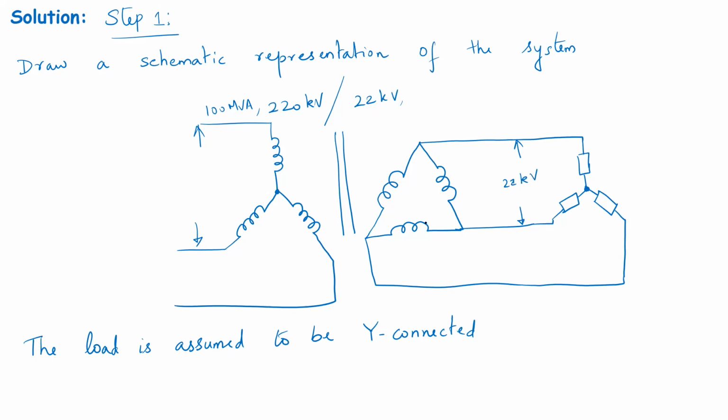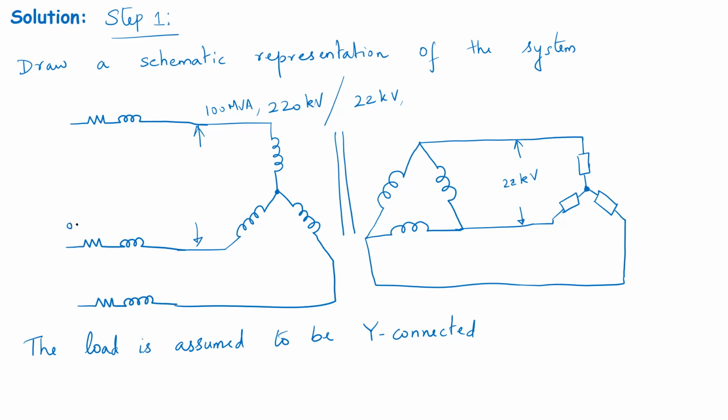Now, in addition to this, the problem also mentions that the primary side or the high voltage side of the transformer is being fed by a feeder which has a series impedance of 0.5 plus J1 ohm per phase.